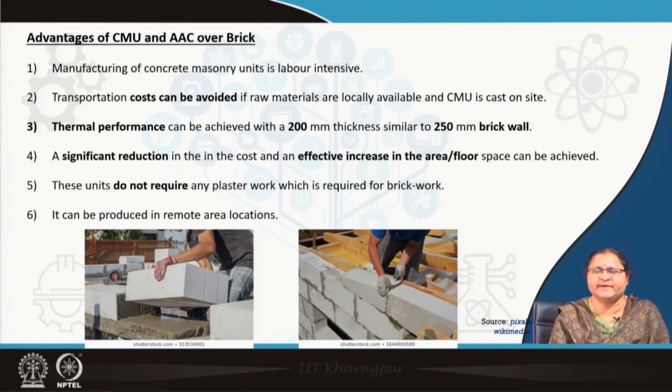Thermal performance is better: whatever you get with a 250 thick brick wall, you can get with a 200 thick such wall. That means a significant reduction in cost and an increase in floor space, because you get the same efficiency with a 200 thick wall. These units do not require plastering even on the internal face, because they are very smooth in nature, and they can be produced in remote areas also, where there is no concept of brick.